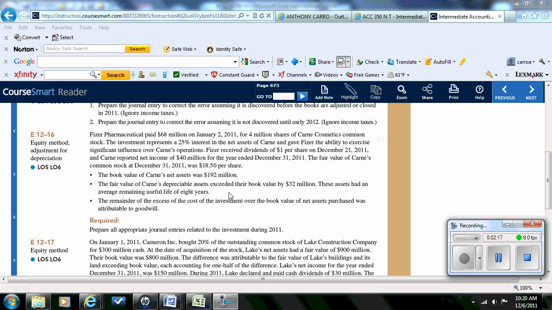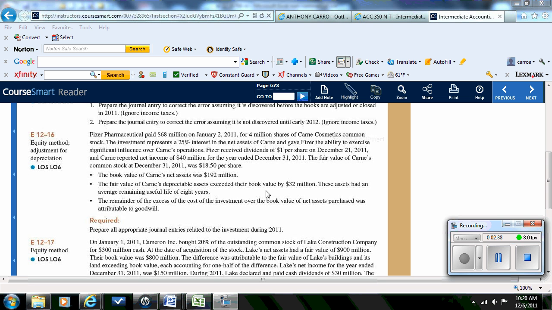When we did our due diligence, we determined that the true fair value of certain depreciable assets exceeded their book value by $32 million. Furthermore, these assets had a remaining useful life of 8 years.